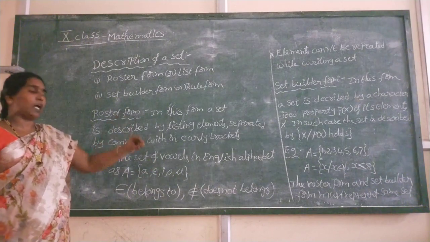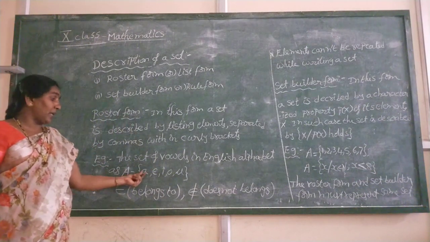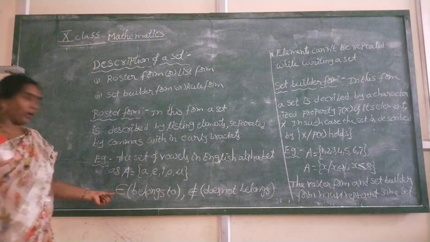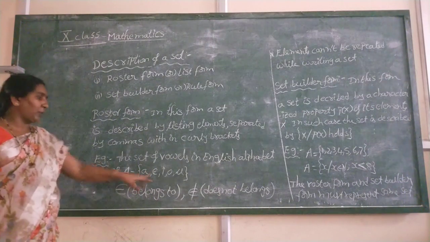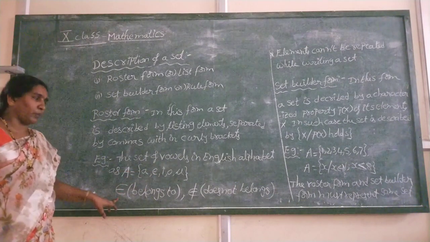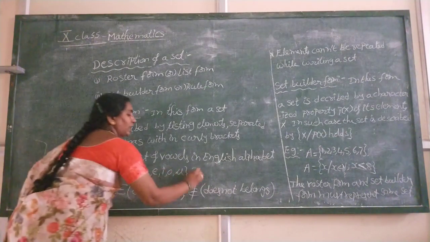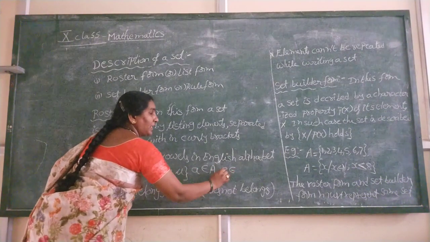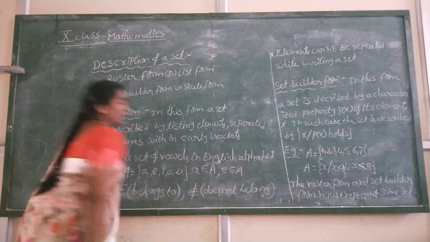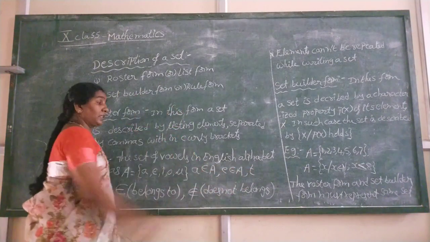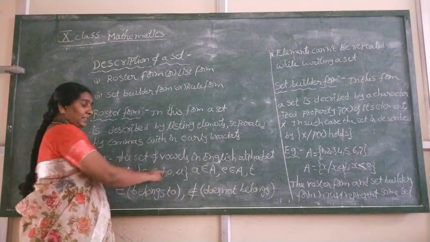Suppose an element belongs to that set. Suppose the element A belongs to the set A, then we use the symbol of belongs to. Suppose E belongs to A, then we use the symbol belongs to. The element E belongs to the set A. Suppose we take an element T. Is T present in the set A?